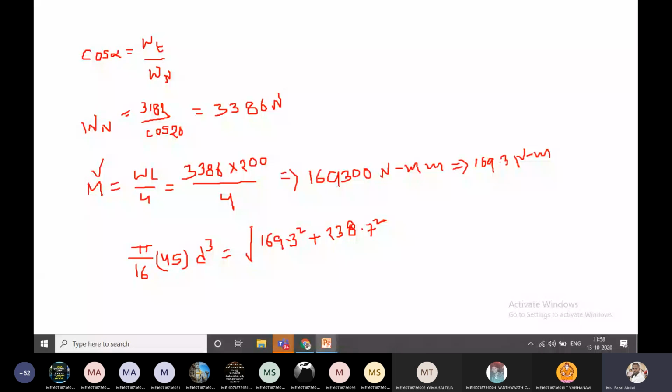Your answer you got in terms of meter, that is 3.2 meter. Now tell me the answer in terms of mm. That is 32.